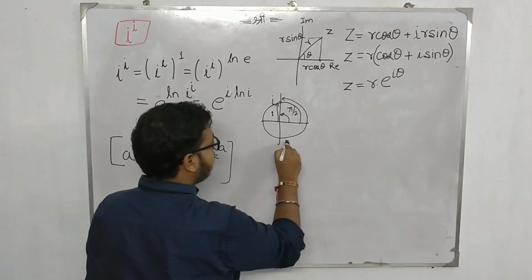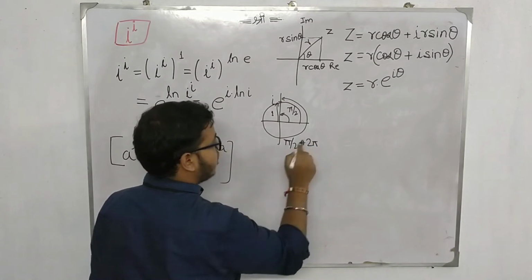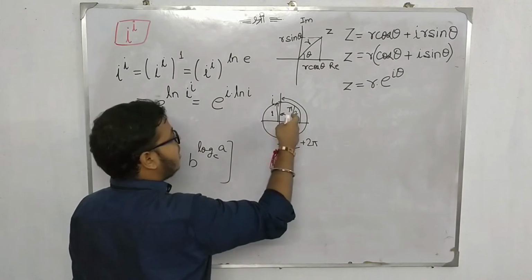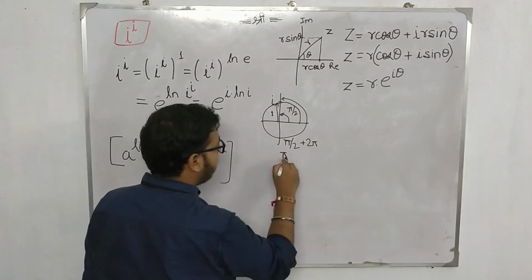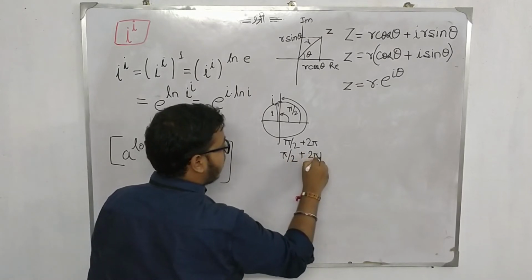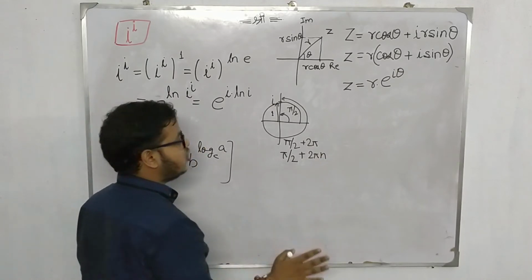That means pi by 2 plus 2 pi, a complete rotation. And we can add more 2 pi's to it, say pi by 2 plus 4 pi, pi by 2 plus 6 pi. So we can write it as pi by 2 plus 2 pi n, where n is an integer.